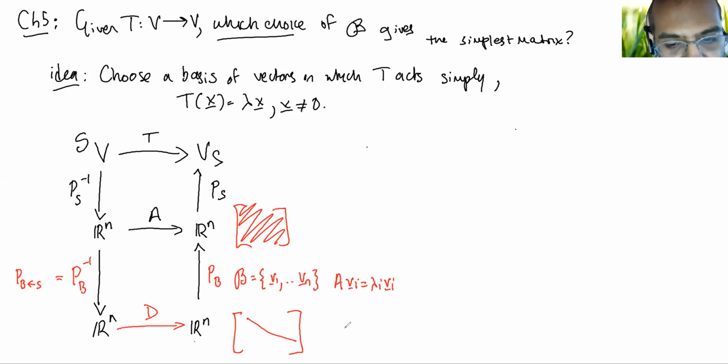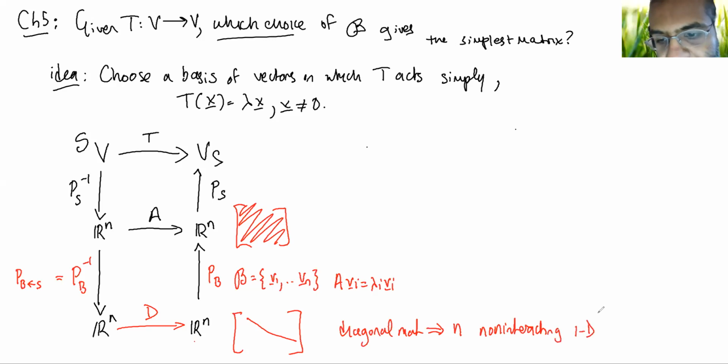So this is a diagonal matrix, which means it consists of n non-interacting one-dimensional "processes". Let's put it in quotes since I didn't define what a process is. And the diagonal entries, okay, maybe I'll just write them here.